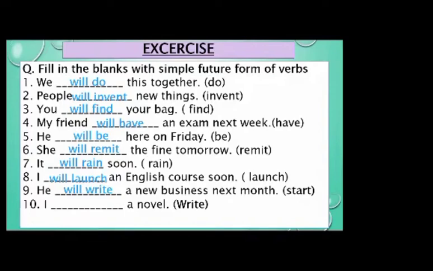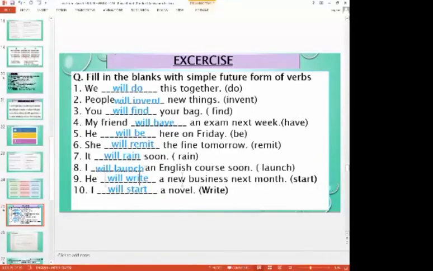Okay. I will write a novel. Will start. Okay, here the answers are upside down. The answer to number 10 is of number 9 and that of number 9 is of number 10. As a misprint here, you will write, he will start a new business next month and I will write a novel.